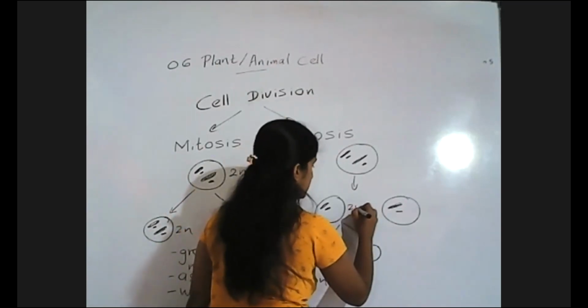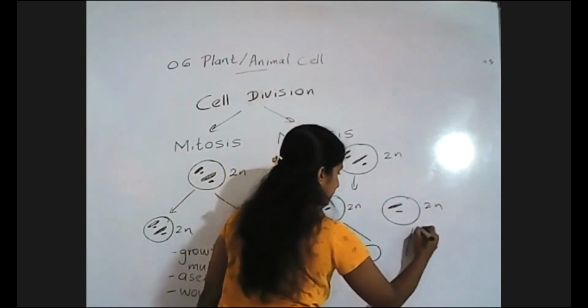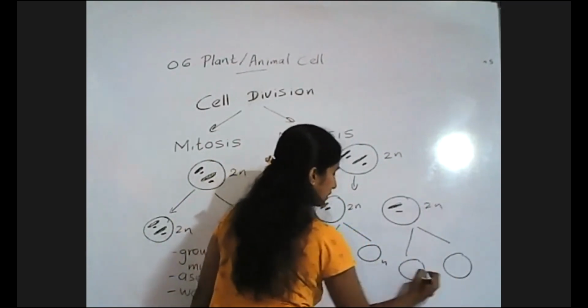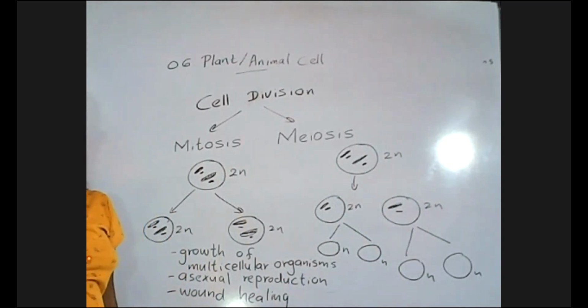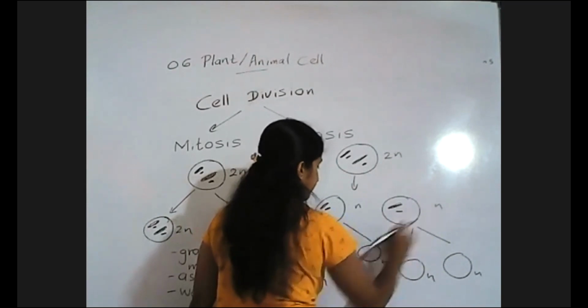This 2N cell divides into other 2. Then it forms 4 haploid cells, 4 other haploid cells.